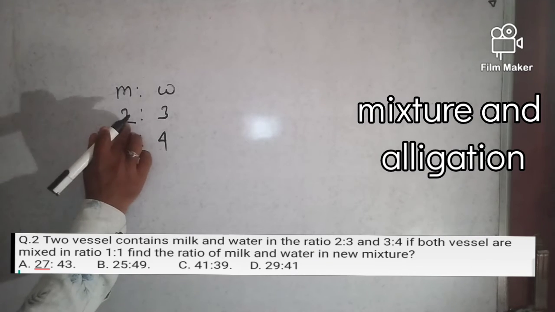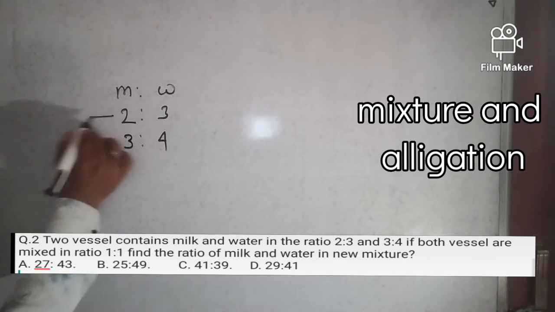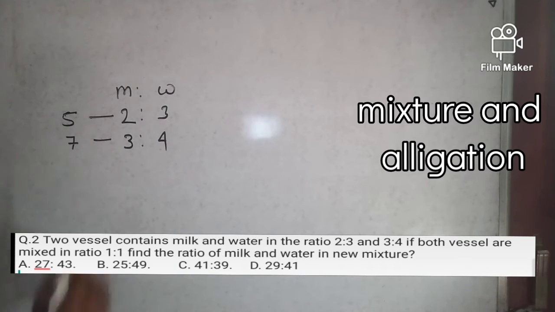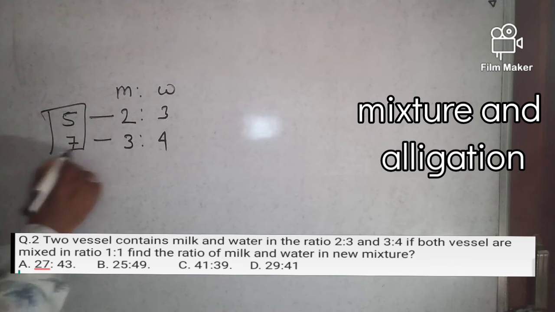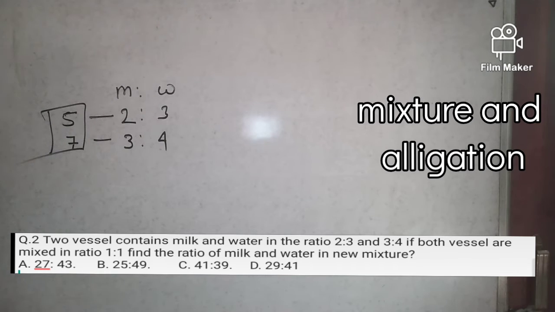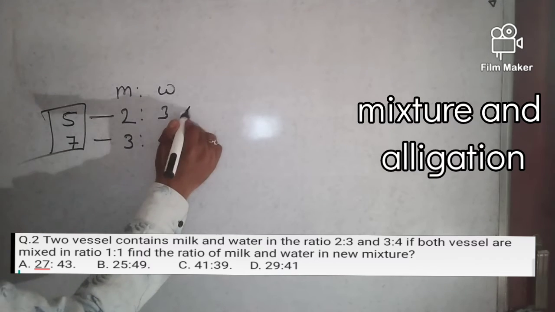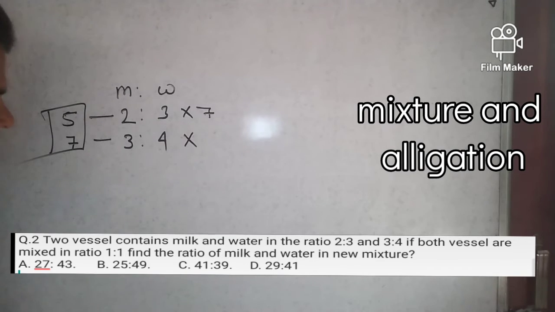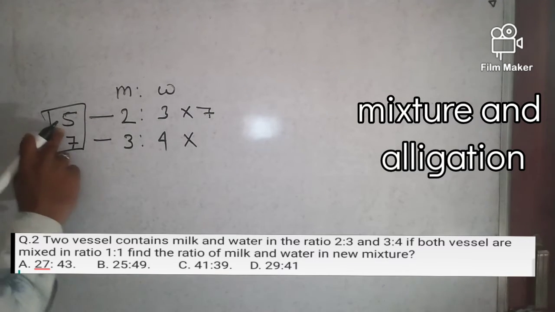Now 2 plus 3 is 5 and 3 plus 4 is 7. Now this is not the same, so we have to multiply with 7 for the upper part, and with 5 for the lower part.